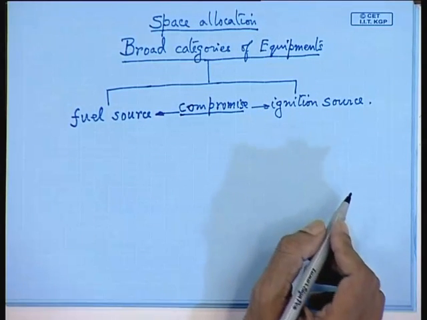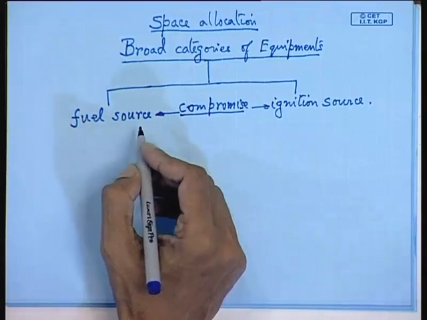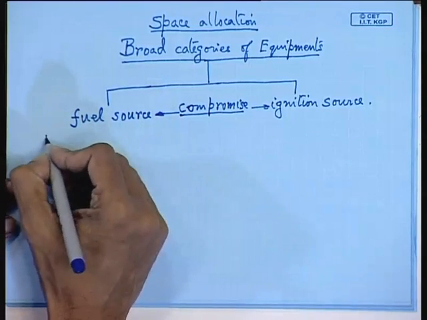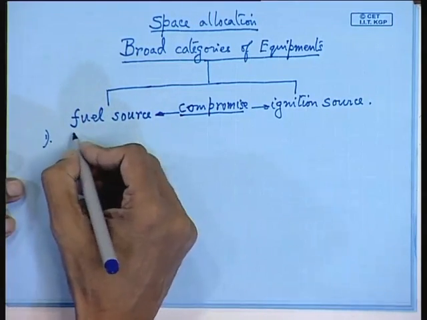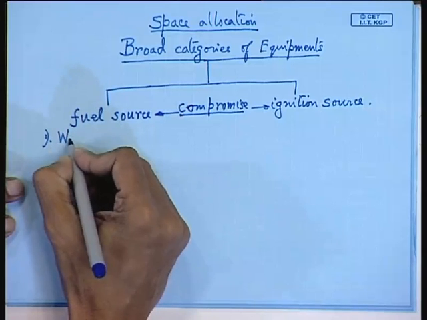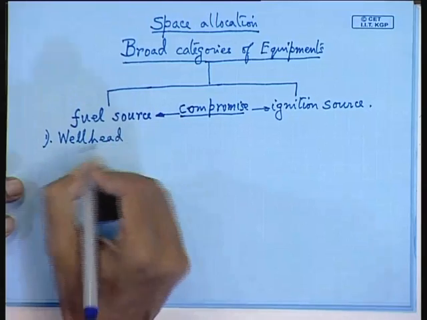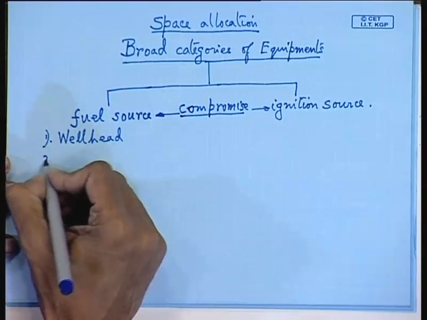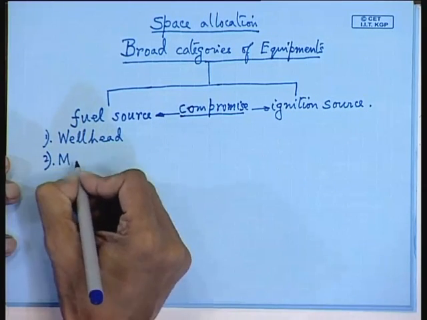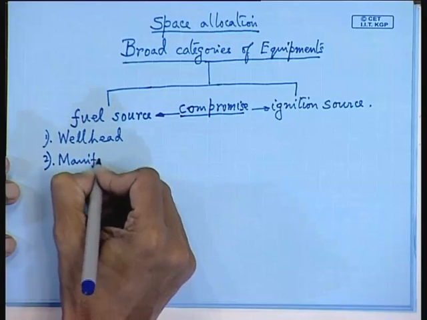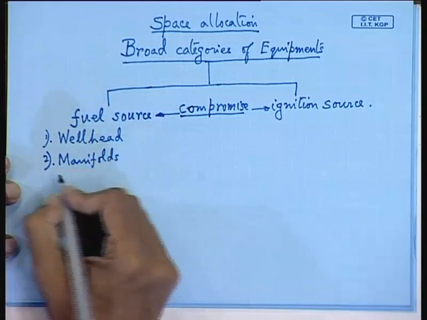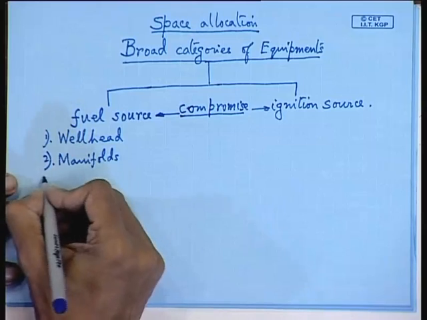So, those are some of these fuel sources I will give you. Fuel source, you will find primary fuel source is your wellhead. That is from where the oil comes out. Then of course, you have a long list. Then you have manifolds. Manifolds are branches from where the pipings are taken. Then you have separators.